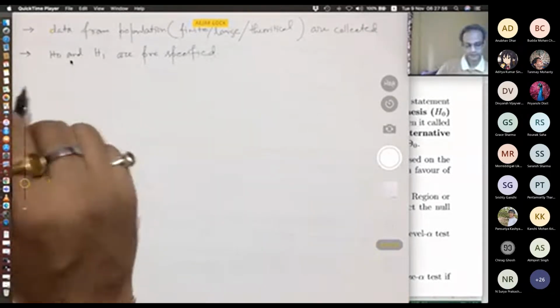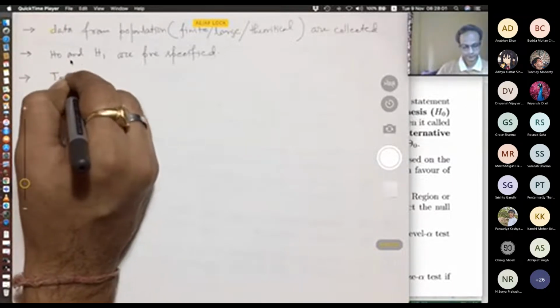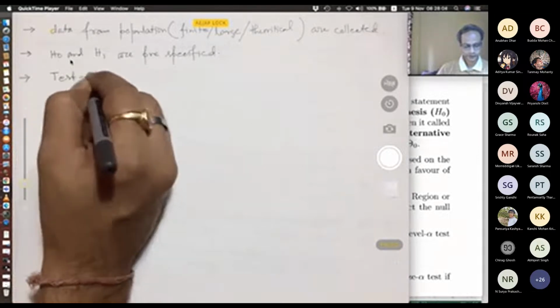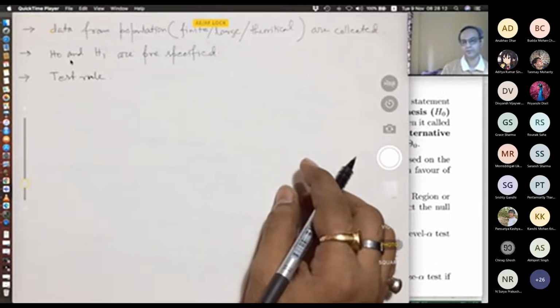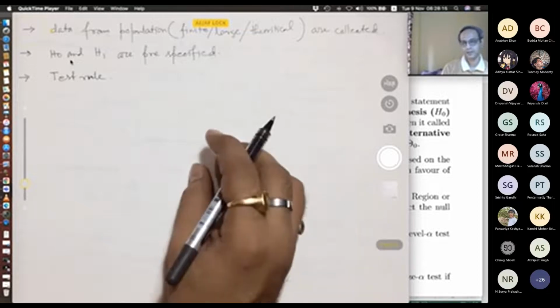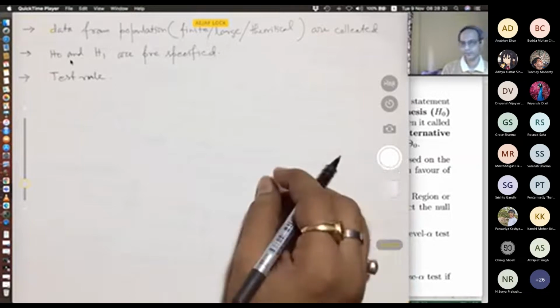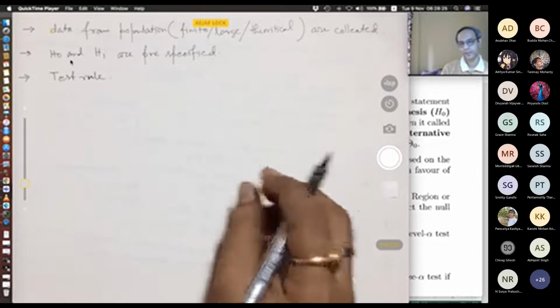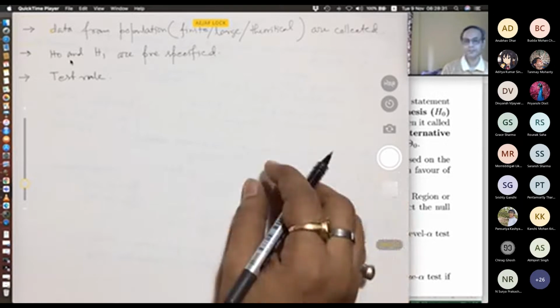Now you have to go for the testing of hypothesis. Given the data, you need to construct a test rule by which you will perform the test. So what could be your conclusion? Either you go by H0 at the end of the day, or you go by H1. And what could be the reality? The reality could be either H0 is true or H1 is true. So there are 2 cross 2 possibilities.